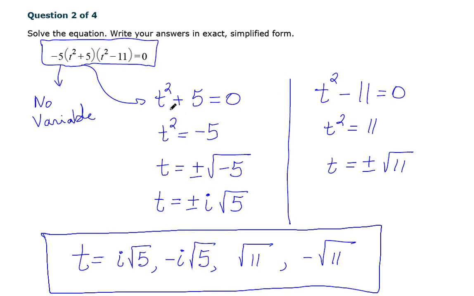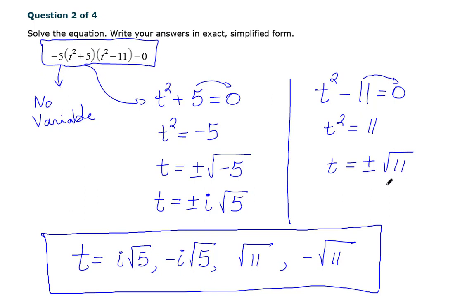Now, both of these are perfectly set up for the square root property. I move the 5 and I move the minus 11. t squared is minus 5, so something squared equals a number. In both cases, t squared here is 11. And so by the square root property, I get t equals plus or minus the square root of the right-hand side. On the right here, I get plus or minus square root of 11.